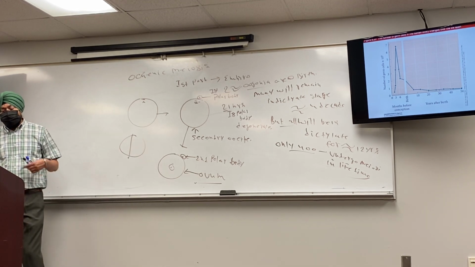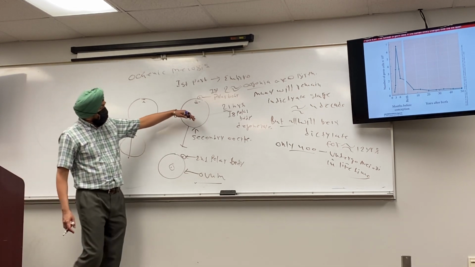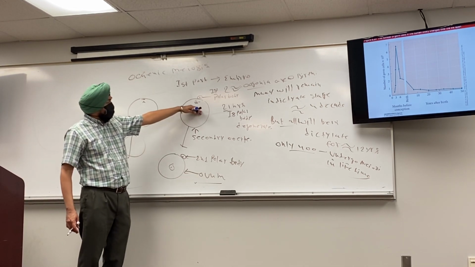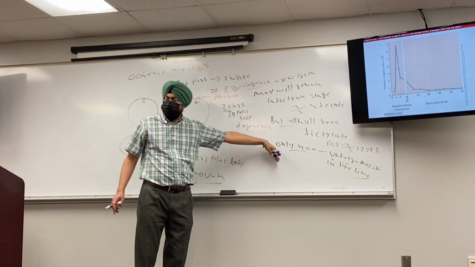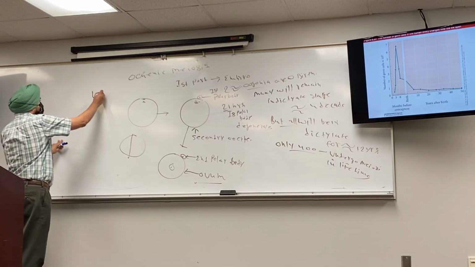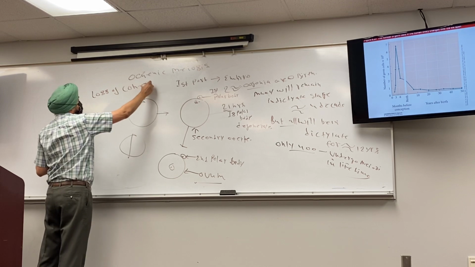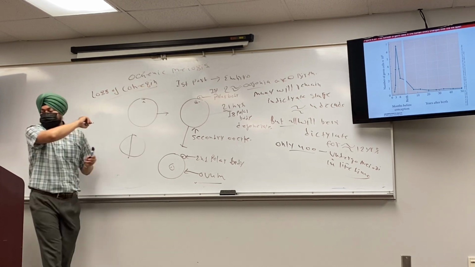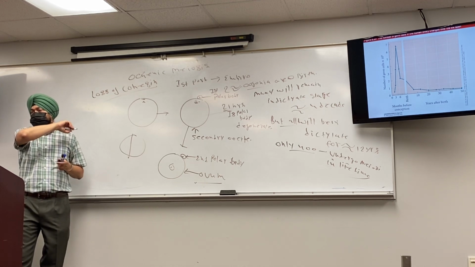But what is happening in this case? Because it is staying for such a long period in dictyate stage, that leads to loss of cohesion. What is cohesion? We know about those. What is cohesion, Rachel?